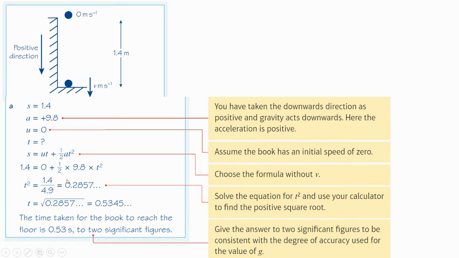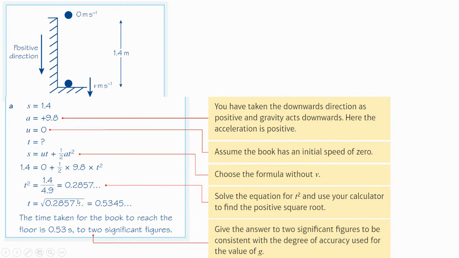And solve that, rearrange it, and you're going to get that T is the square root of 0.2857, which is 0.5345. It's got to be the positive one, because if T squared was equal to this, then T could be positive this or negative it, but because we're talking about time, it's got to be the positive version.